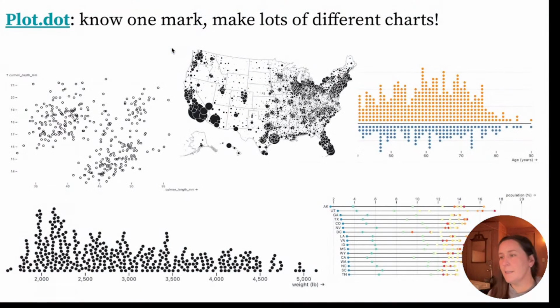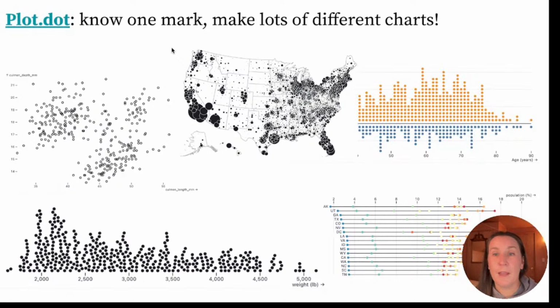Well, this allows you to keep fewer things in your memory while expanding the number of different types of visualizations that you can create with that knowledge. So for example, plot dot dot, right? That's one mark, but that can make many, many different types of data visualizations. For example, with the dot mark, you can make a scatter plot.